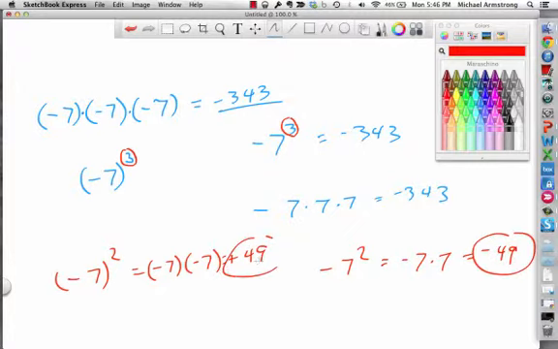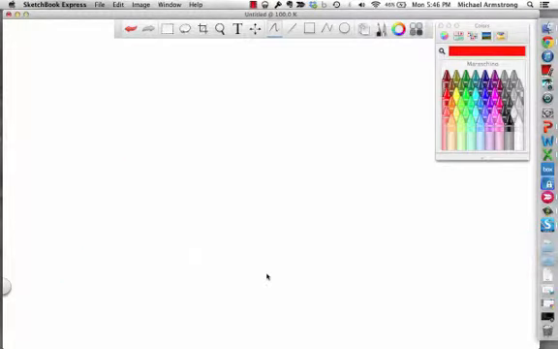So we have a positive answer and a negative answer depending on whether we use this parenthesis or not. And the reason it's confusing is because it seems to not matter on odd exponents, but it definitely does on even. Because if you multiply two negatives together, you get a positive. If you multiply 4 negatives together, you get a positive. If you multiply 8 negatives together, you get a positive. But if you multiply 3, it's negative, or 5 or 7, it's negative. So odd numbers end up being negative on those exponents.